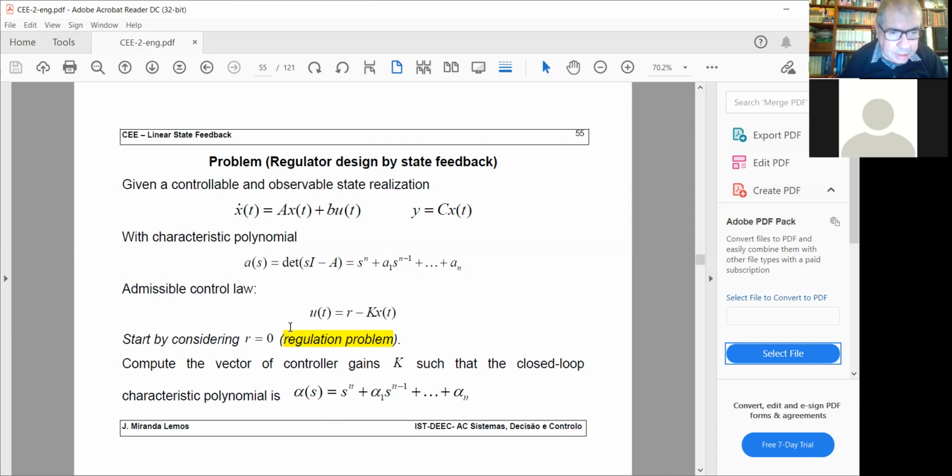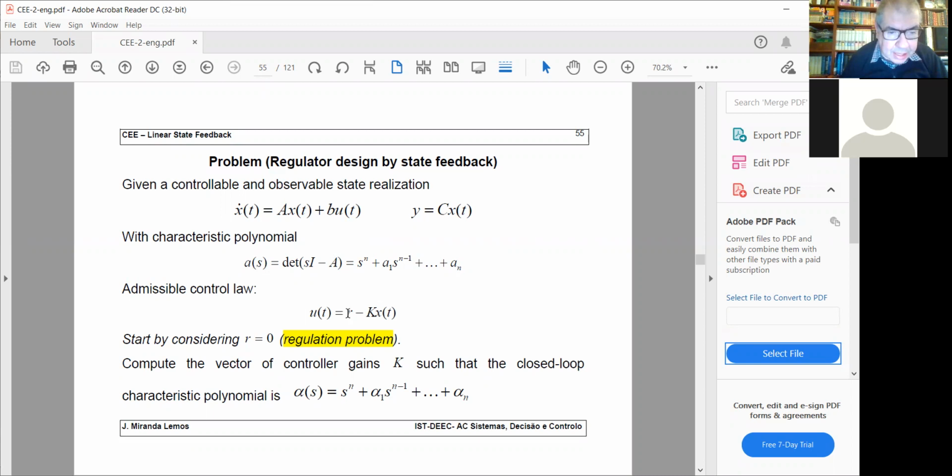The objective is that in open loop, the poles of the system are just the eigenvalues of matrix A. So that's the determinant of sI minus A. I call this the polynomial a of s, small a of s, and I write it in this way: s^n plus a1 s^(n-1), etc., up to an.